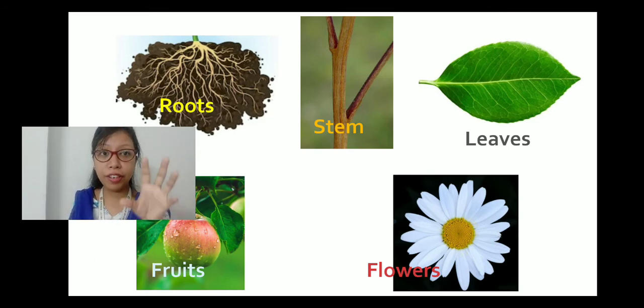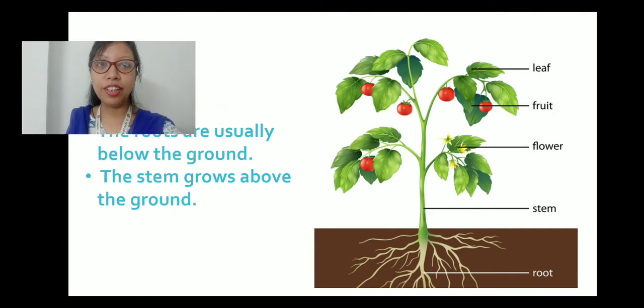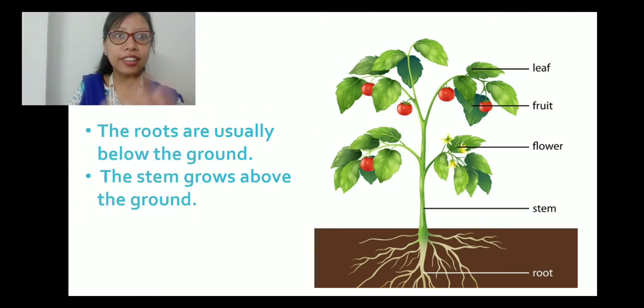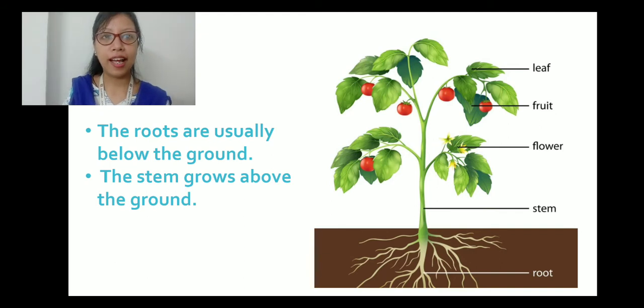Now I have given them here differently, in different ways. But now what I'm going to do is join all this together and it will become a full plant. Let us move towards the next screen. Here you can see that this is the whole plant. In the previous slide, I showed it to you in different forms.